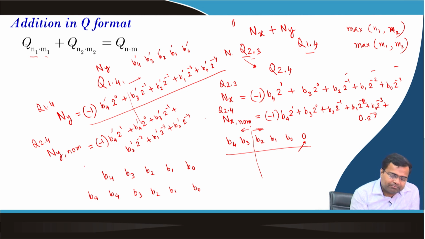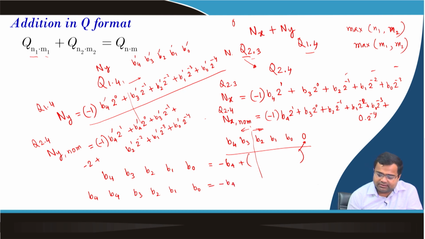So, now this will become minus 2, then plus the other bit number. That means, what was this case? In this case, it was minus 1 before that bit plus the rest of the number. In this case, it will be minus b4 into 2, because one extra bit is coming, plus b4 plus rest of the number.